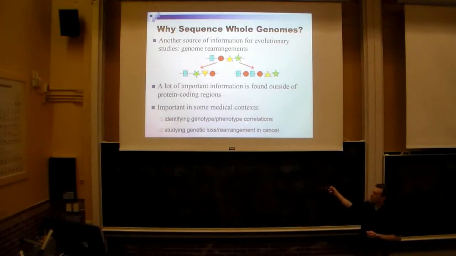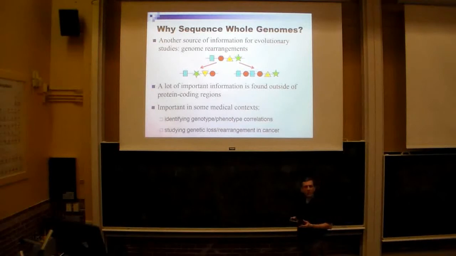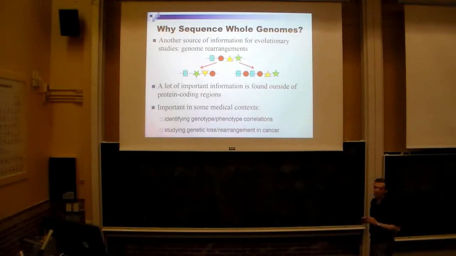This is something that depends very critically on having a good map of the entire genome, knowing approximately where things are relative to one another in the genome. So that's one of the kinds of studies that have really been strongly facilitated by having genomes available.